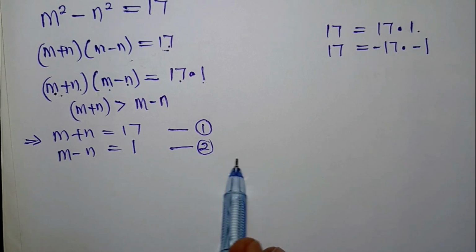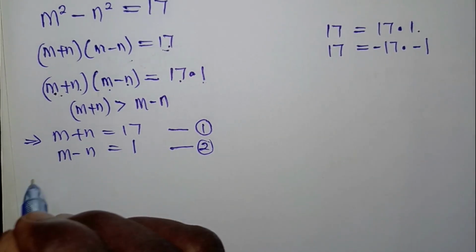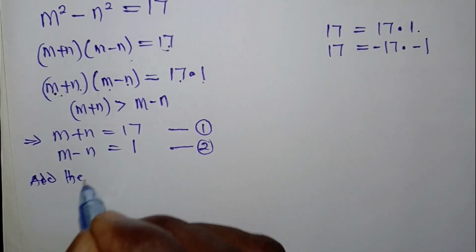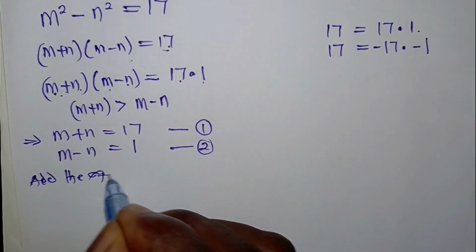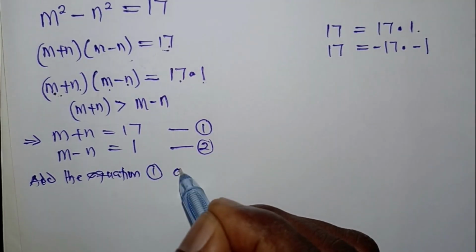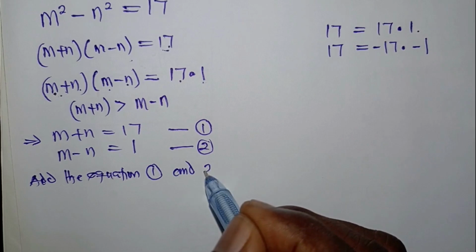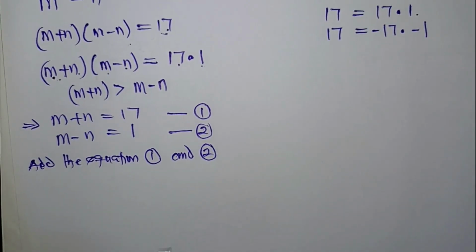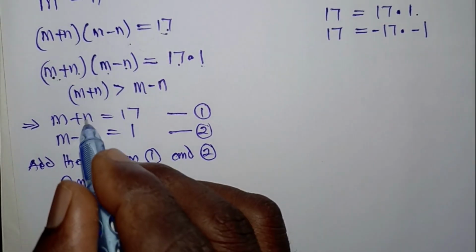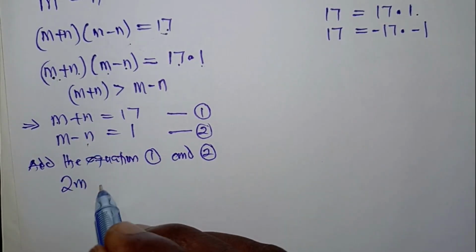So let's solve the equations simultaneously. We can add equation 1 and 2. So let's do the addition. M plus m will give us 2m, and n minus n will give us 0.